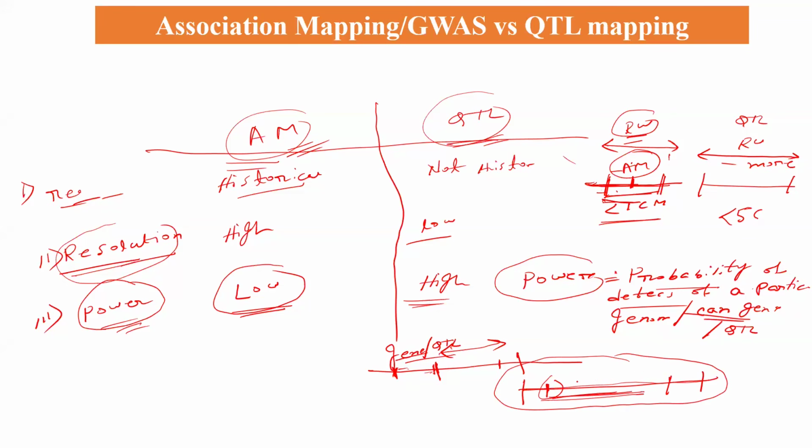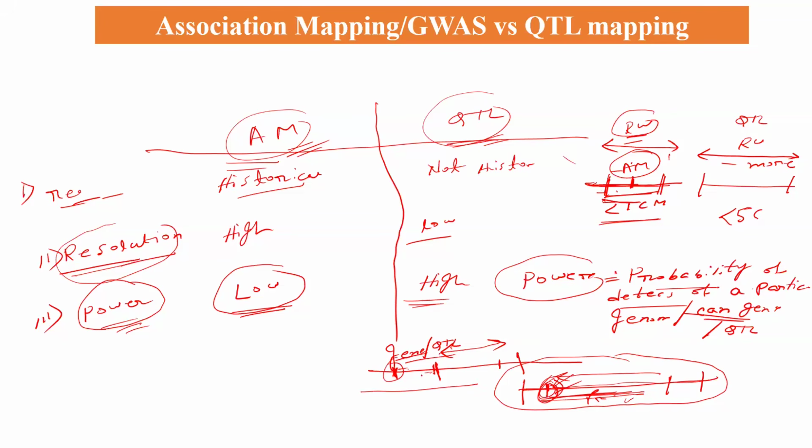But if this distance is more, the probability of detection of this gene or QTL will be high in this genomic region, but here it will be low.